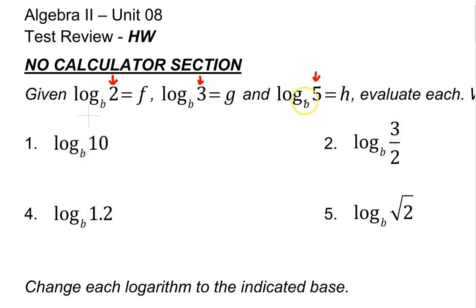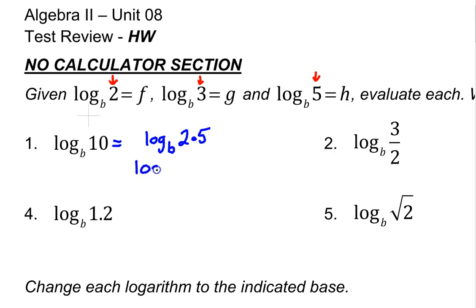using those three numbers? So for instance, here, log 10, 10 can be rewritten as 2 times 5. So you can rewrite that as 2 times 5. And then using the properties, we know if we're multiplying anything together with exponents, you end up adding the two exponents.